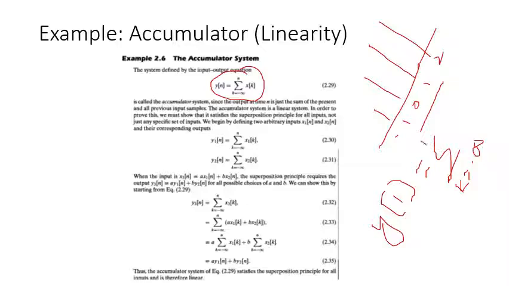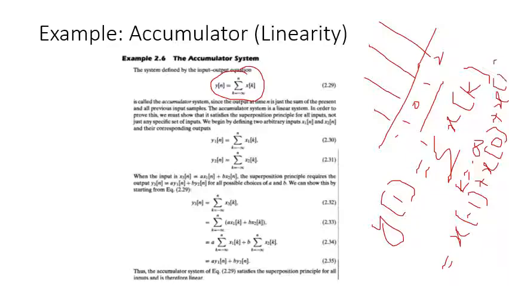What is n? It is 1, because we are going to compute the output till 1, x of k. If I expand this, it will be x of -1 plus x of 0 plus x of 1. So the accumulator adds all the previous values till n.